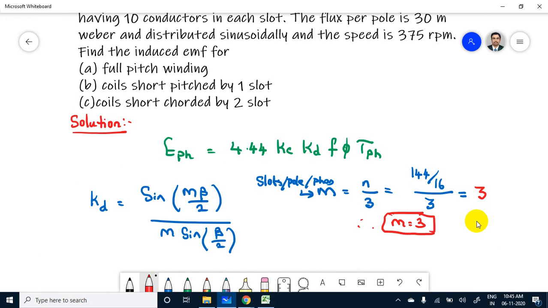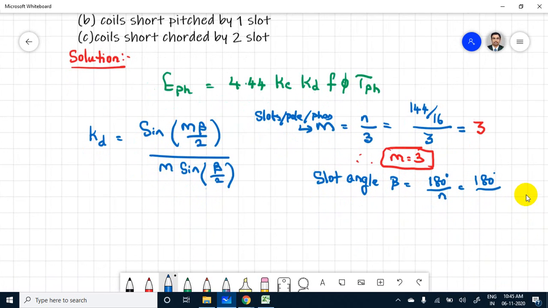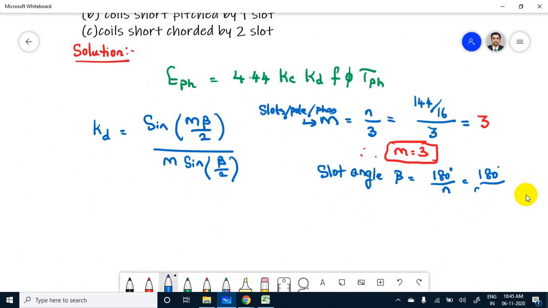Okay, next beta. Beta you have to calculate. Beta is nothing but slot angle. Beta equal to the formula 180 degree divided by n, where n is nothing but slots per pole, 144 divided by 16.